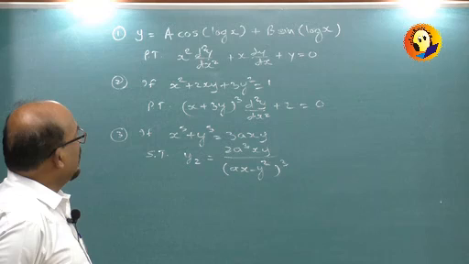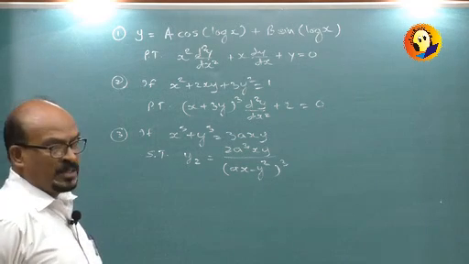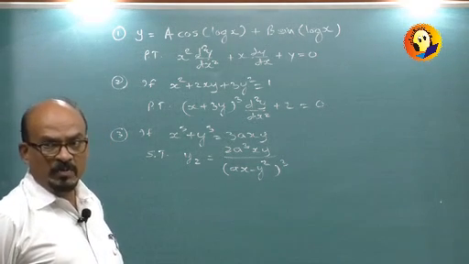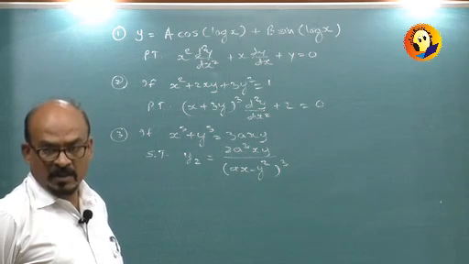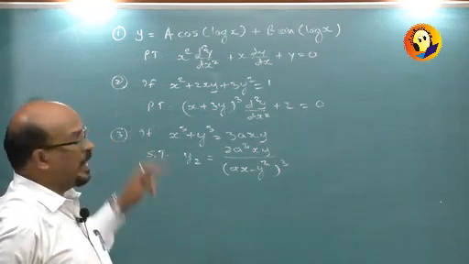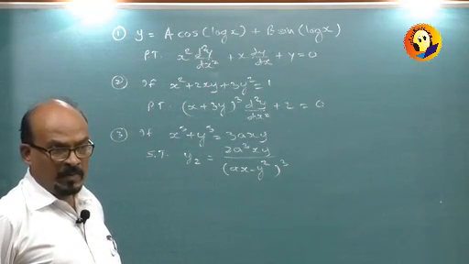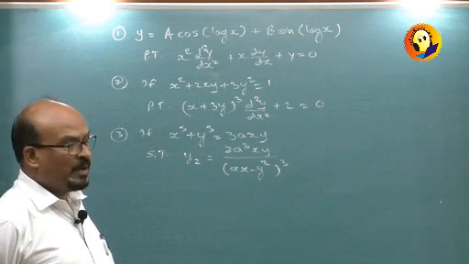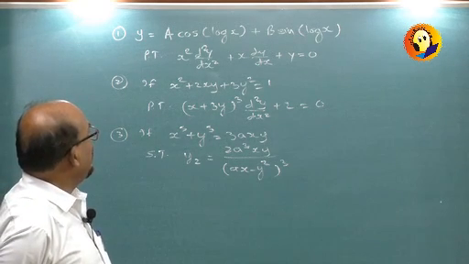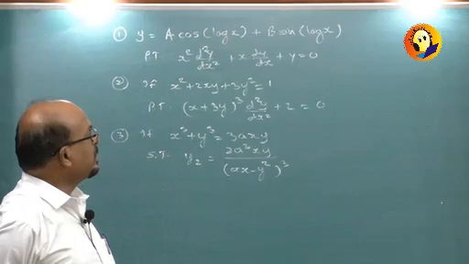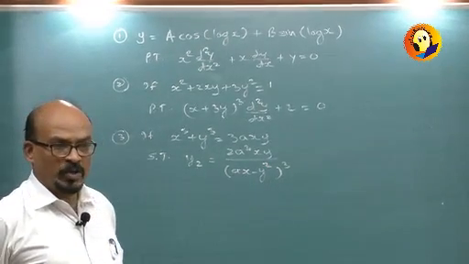That will be y1. But that 1 by x, we should multiply throughout by x, so it will become xy1, or x dy by dx equal to minus a sin log x plus b cos log x.